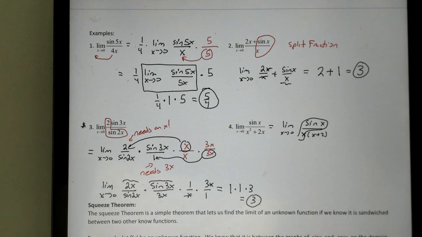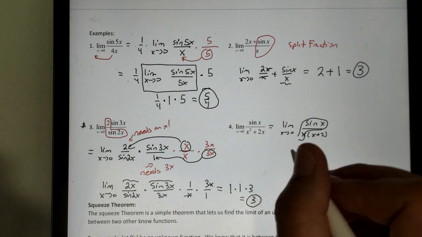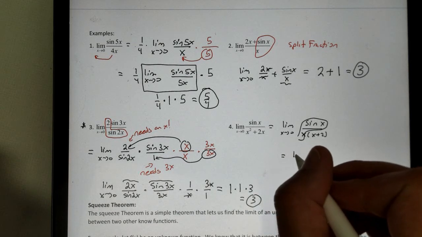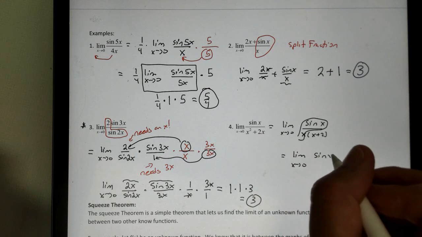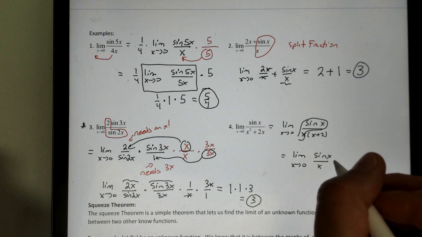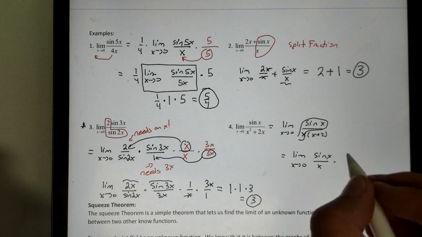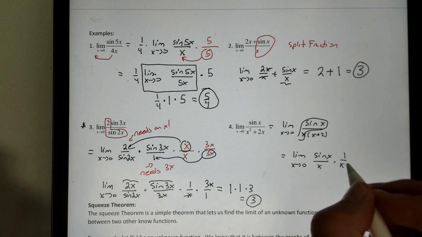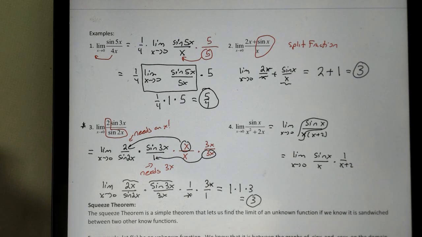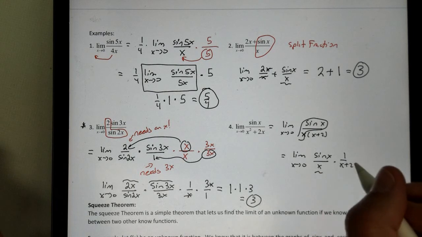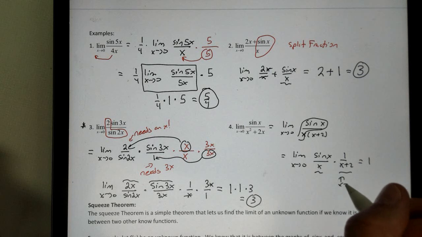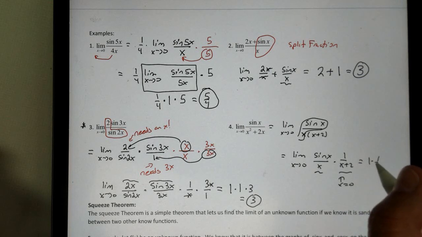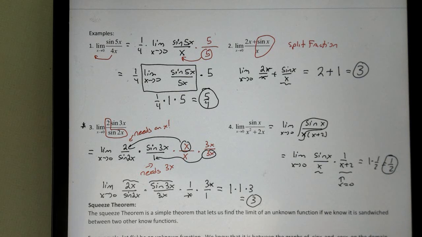We got this sine of x over x. We got exactly what we wanted. So this becomes the limit as x approaches 0 of sine of x over x times, and now what's left over, 1 over x plus 2. Our rule says that part's just 1, and if I plug 0 in here, let x be 0, we get 1/2. So we get 1/2 for our final answer there.